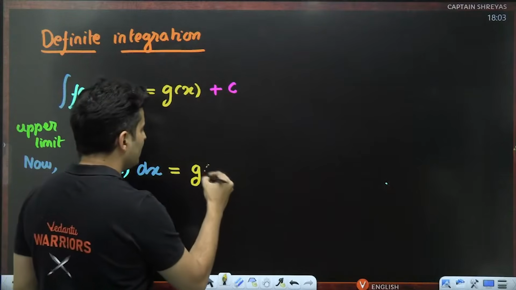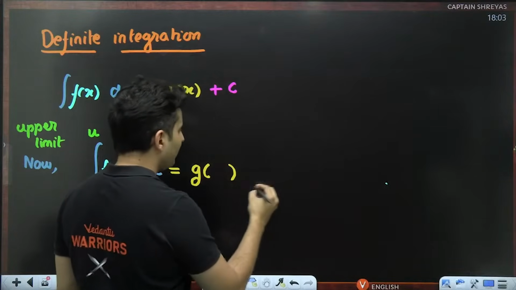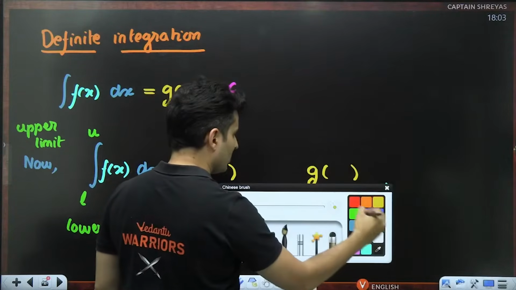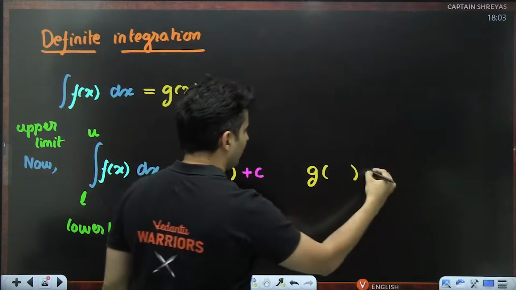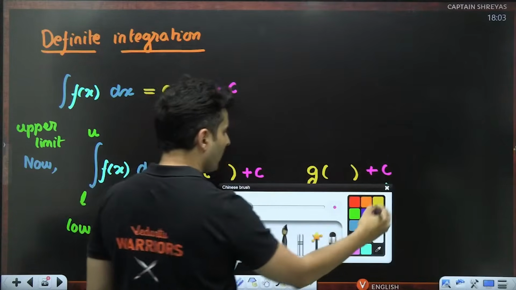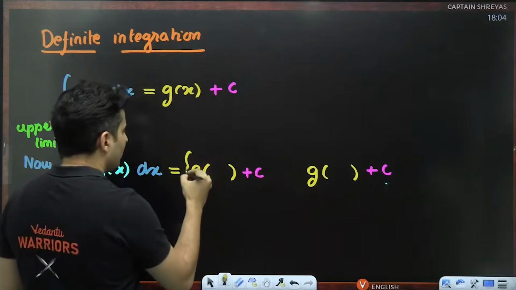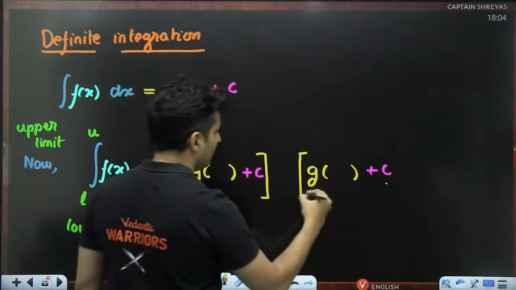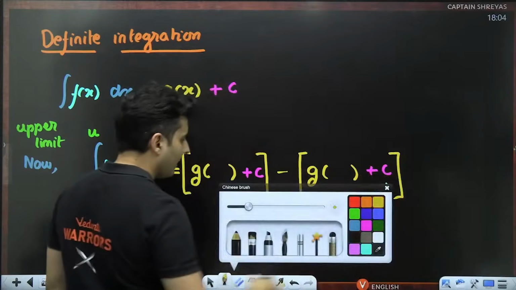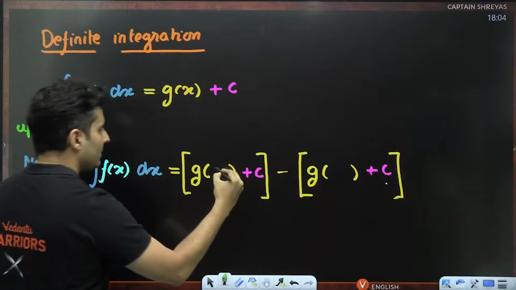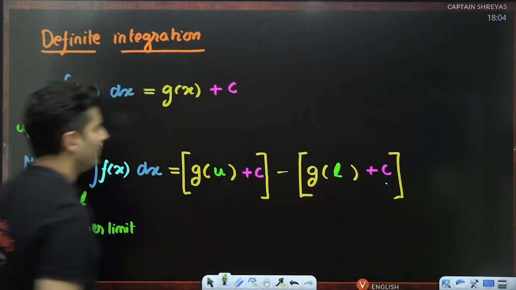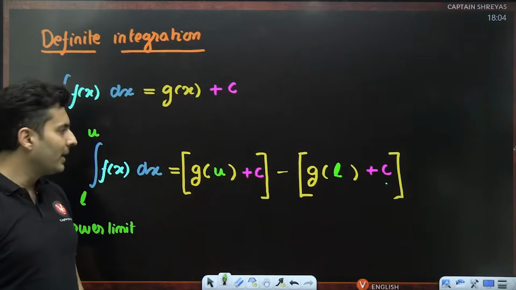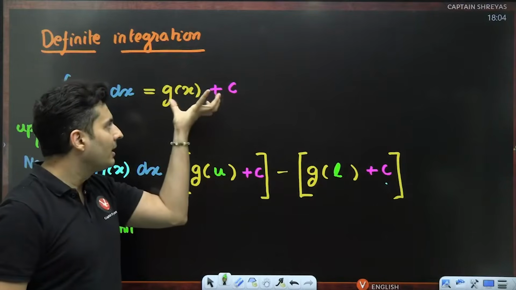So basically imagine g of x plus c, and then g of x plus c. You are just substituting the upper limit and the lower limit in this particular term, and subtracting.